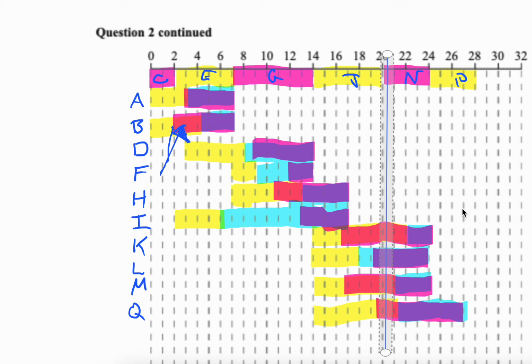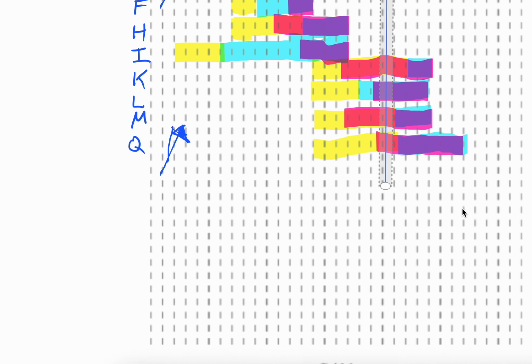That means those 3 tasks, K, M, and Q, must be running at that time period. But in addition to K, M, and Q, what other task is also running? N. And that gives us our lower bound.